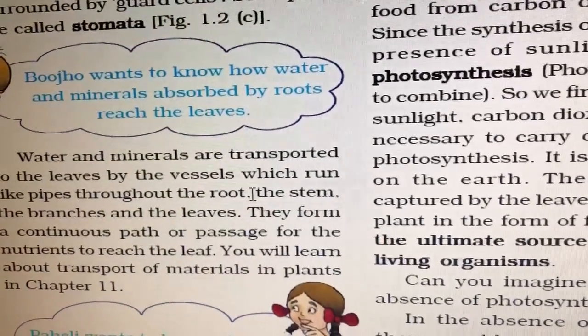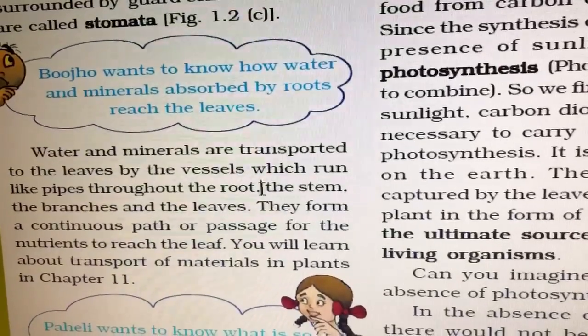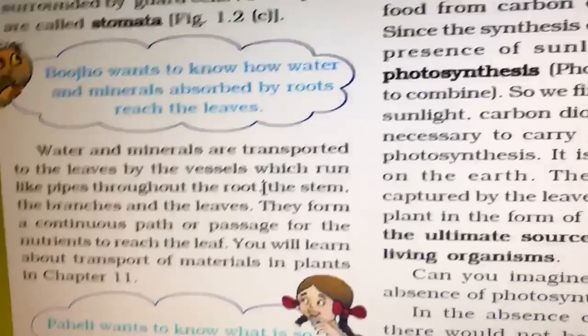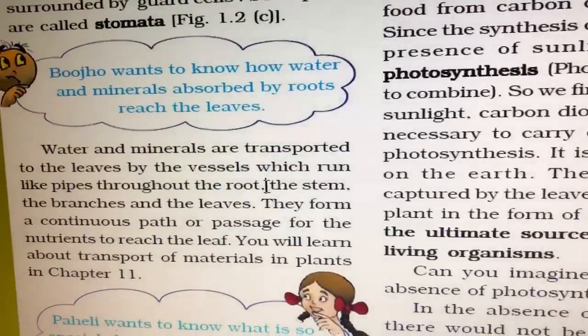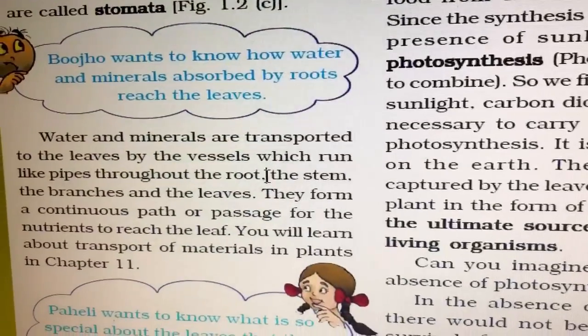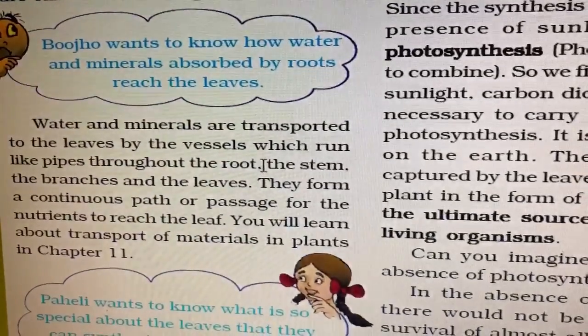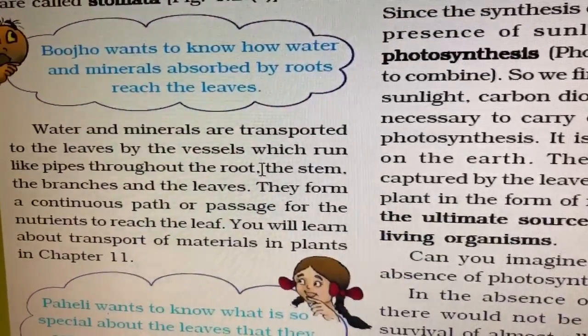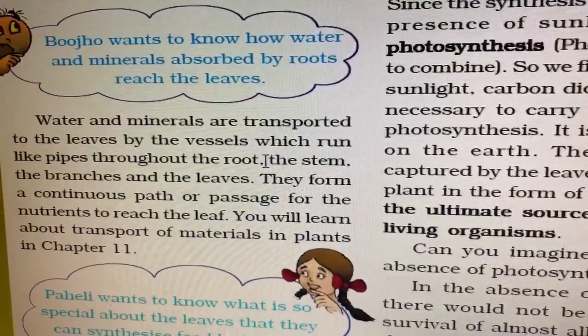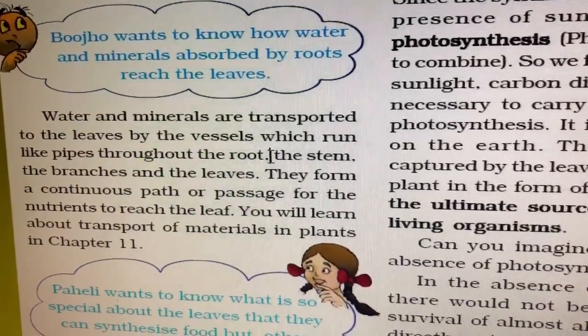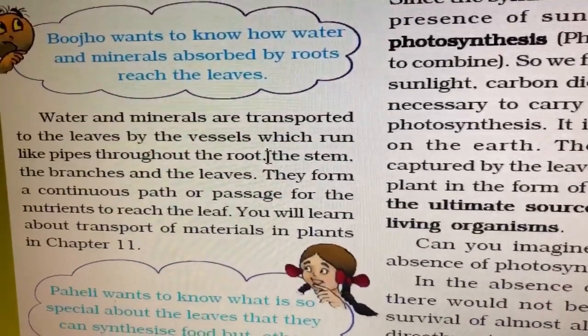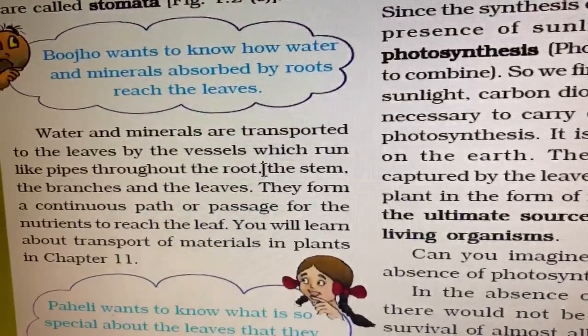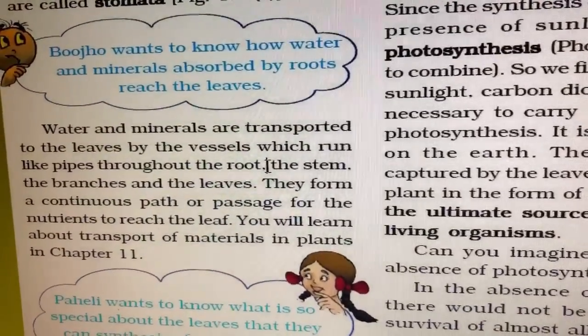As we know, pipes work to transport a liquid or any substance from one point to another. In the same way, these pipe-like structures run throughout the roots and are connected to the leaves, and these are known as vessels which carry water and minerals and transport them to leaves. I feel now the query of Bujo is answered.